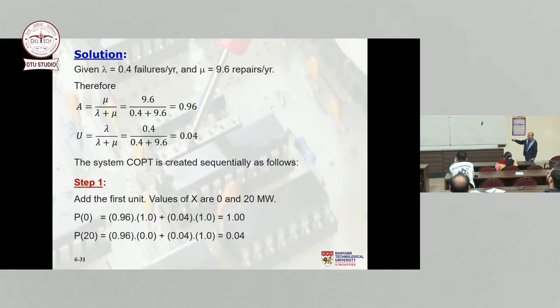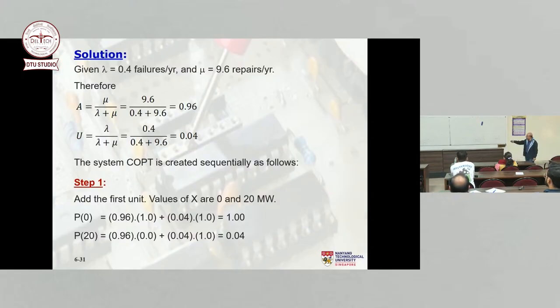Step 1, at the first unit. So what are the values that X can take? Remember what is X in the equation? Capacity on outage. So when you add the first generator, the X value can be either 0 megawatt out or 20 megawatt out, correct? Only 2 possibilities are there. So we will have 2 rows of calculations.